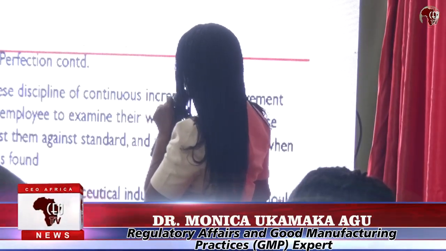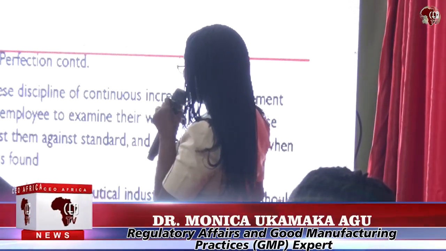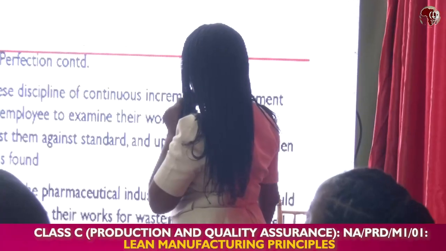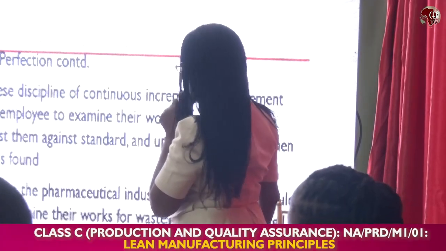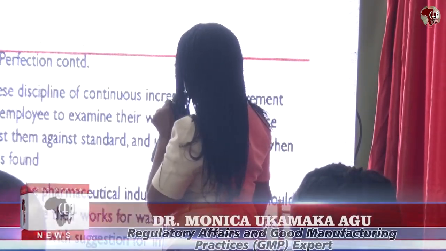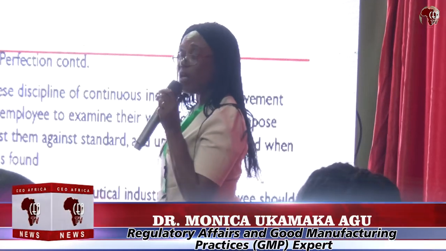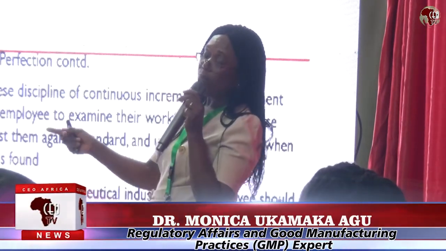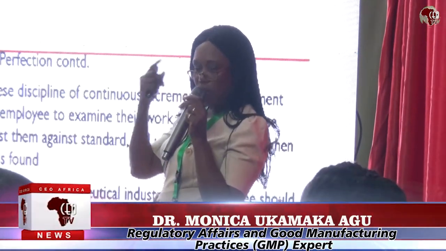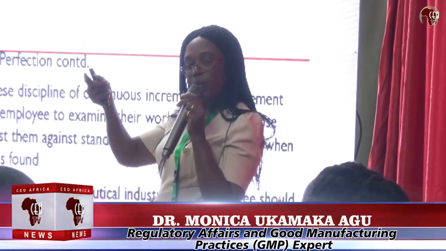So to implement Kaizen in pharma industry, like I said, every employee should be empowered to examine their work for waste and report identified waste to their supervisor with suggestion for improvement. It's not a question of, oh, this thing is a waste. You know, Toyota say good thinking, good product.